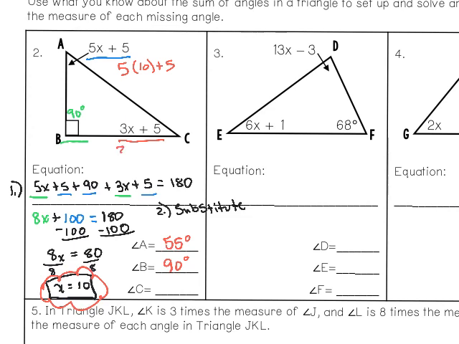Well, it's 3 times x, which you told me was 10, plus 5 is 35. So let's see, does this add up to be 180? Well, 5 plus 5 is 10. And 5 plus 1 is 6, plus 9 is 15, plus 3 is 18. Look at that. We did it right.